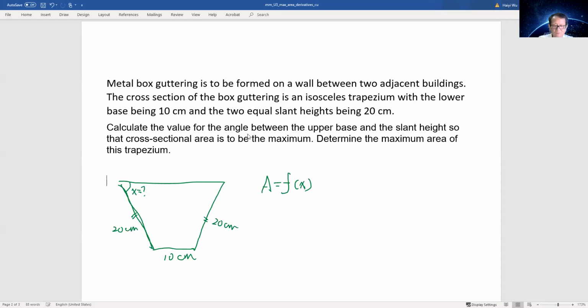So we need to have a function first. In order to use derivatives, we need to establish the function. So area is equal to f(x). We don't know what the function looks like, so let's establish that.